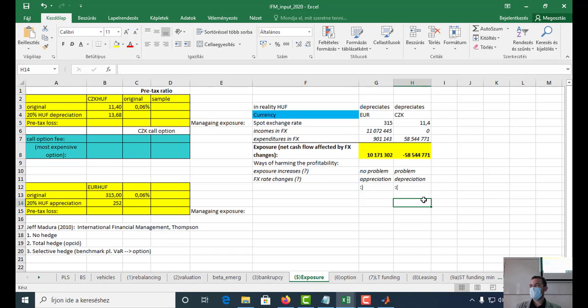So in the case of an option, there is a fee, you pay it, and then you have the option, and that's all. So it will be better.